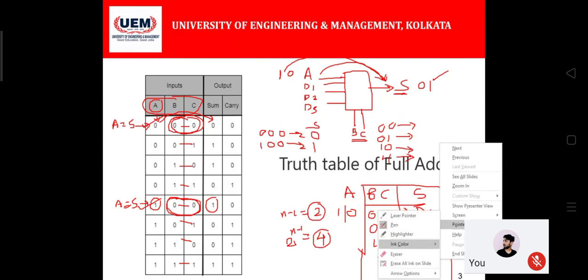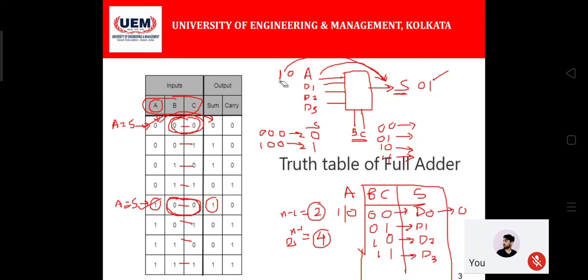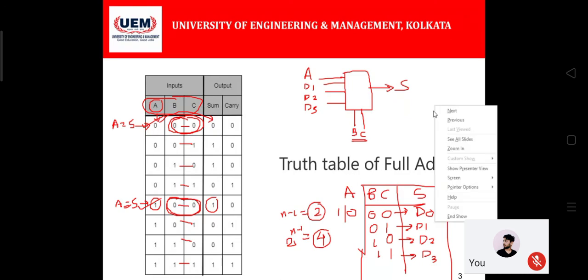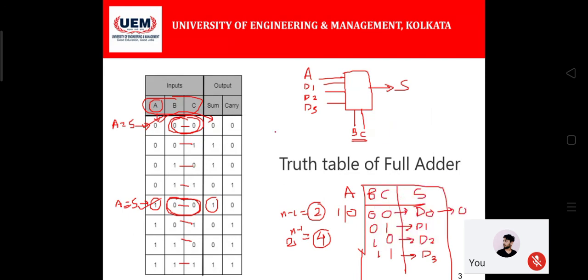For the second one, again, let us remove those and try to find out for the second value.